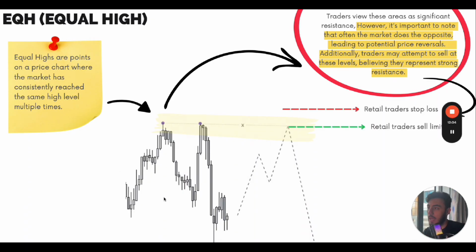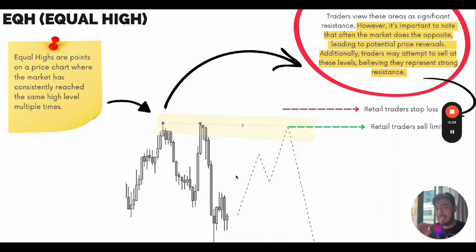They're going to say, okay, price is respecting a resistance area, which they mark as a line, because they believe the price is going to play in this line and respect it. So this is going to be the resistance area, and what are they going to believe?